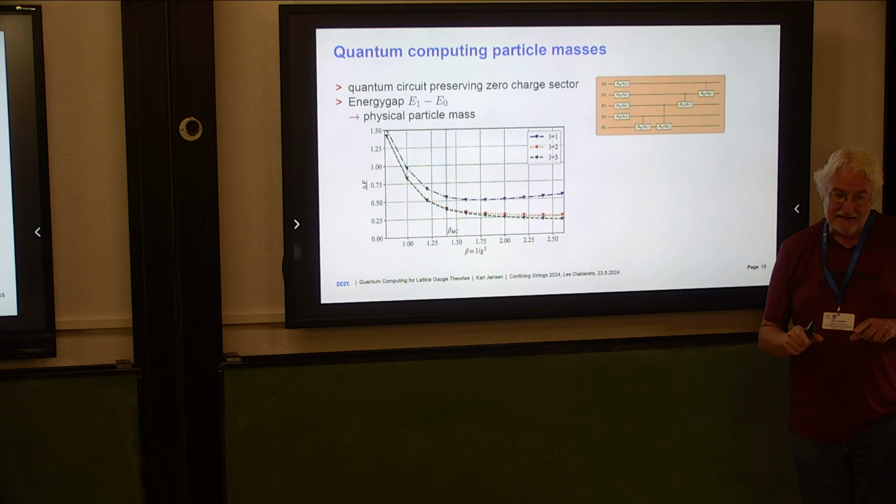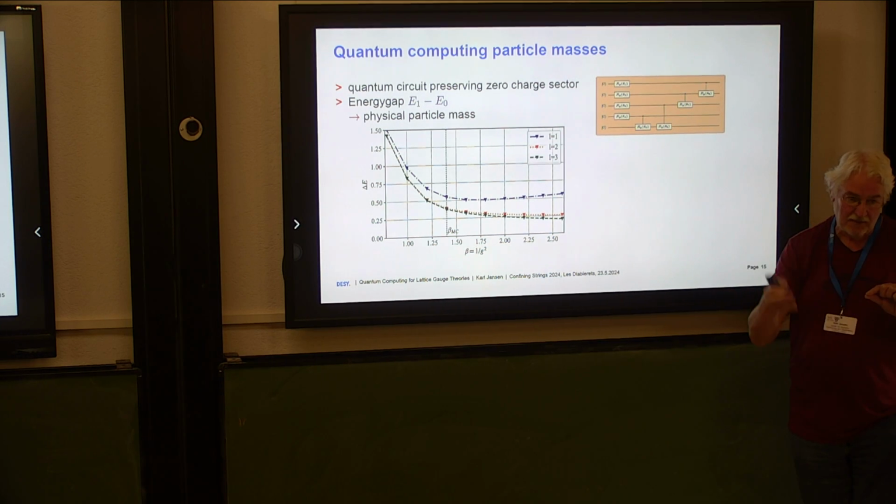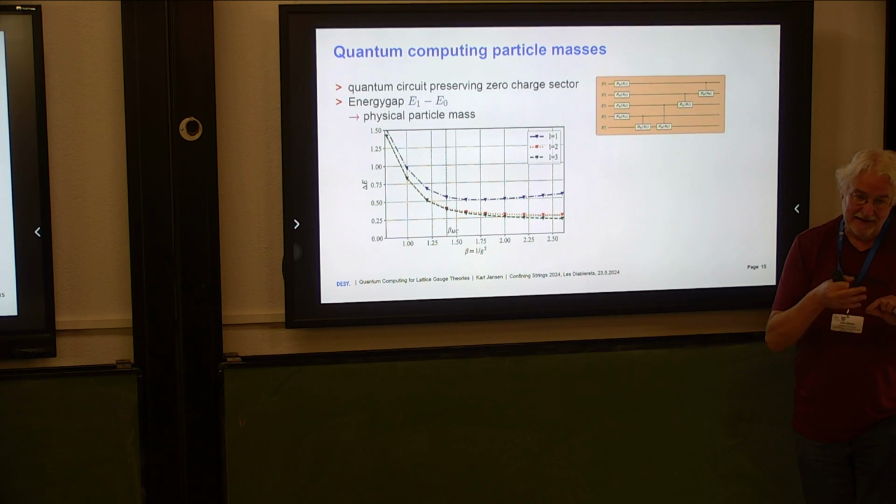And you have also nearest neighbor interaction in both directions. So if you want to have an interaction with the qubit there, you have to do a number of swap operations to get there. And every swap operation, Alit, you mentioned this, a swap can be decomposed in CNOTs and rotation gates. There are many, and each of these gates produce noise for you.